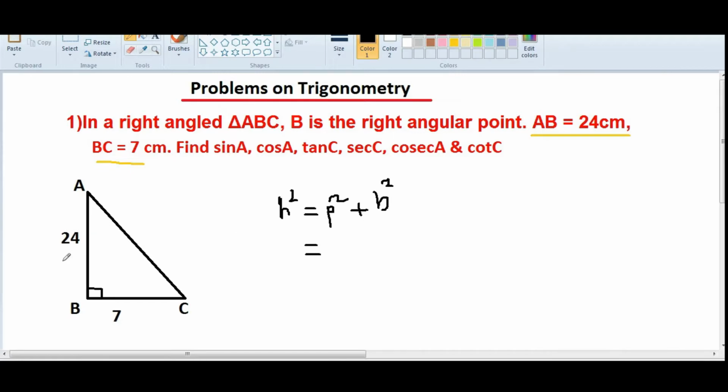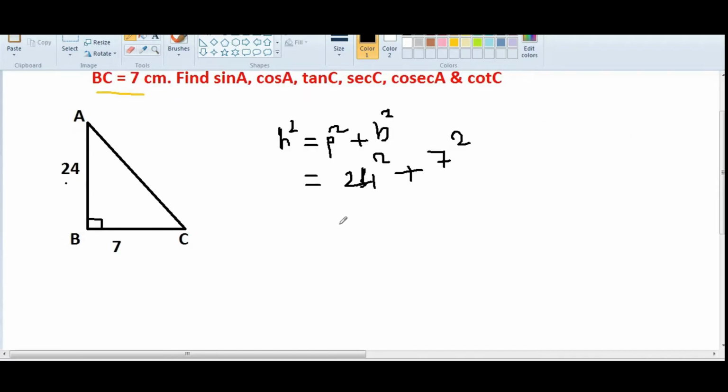Now perpendicular square, so we can take any one of them, either 24 or 7. So perpendicular square, I am taking just 24 now, and 7 square here, and if you calculate this it will be 576 and this will be 49.